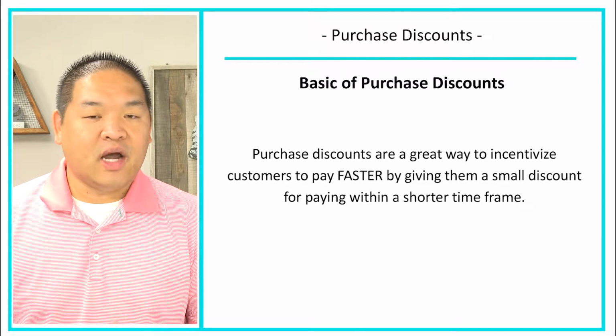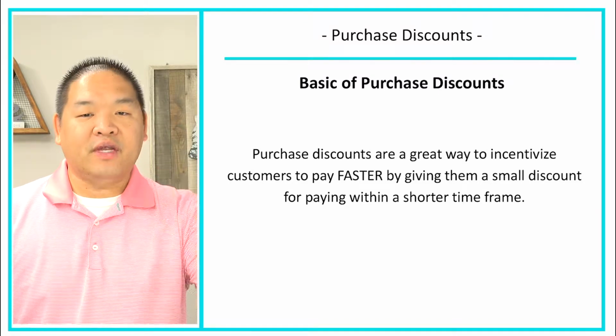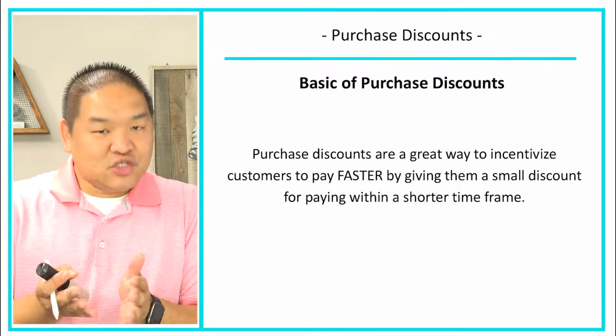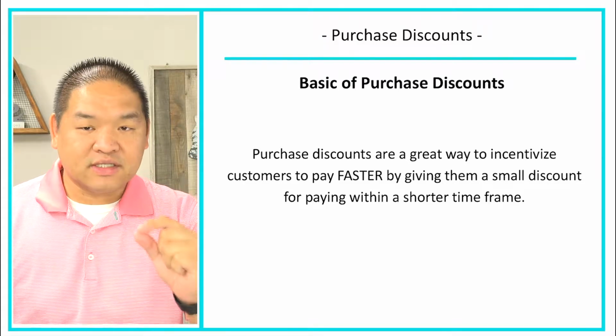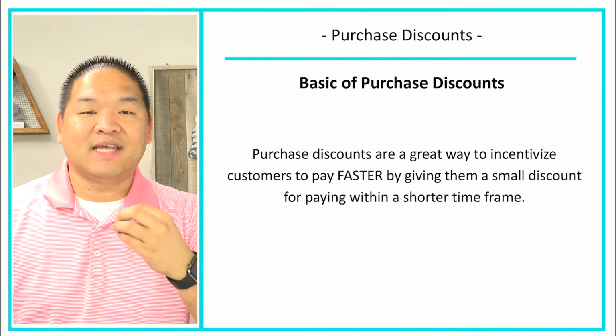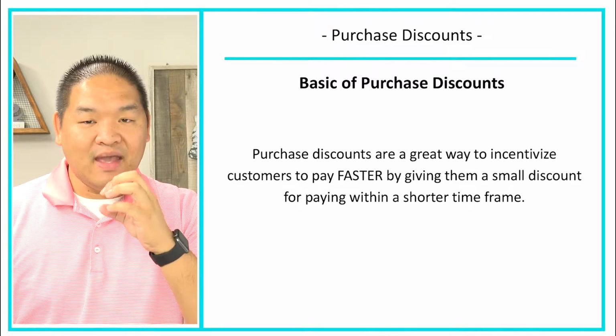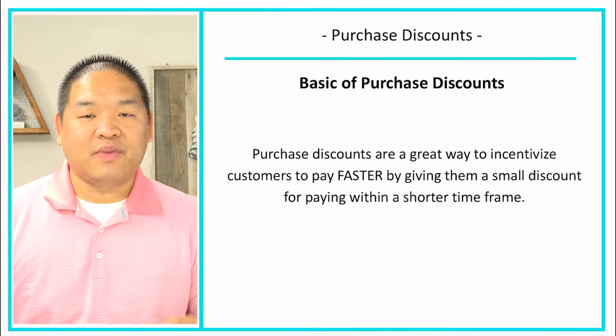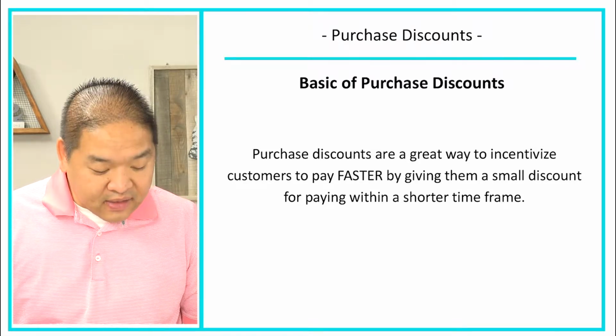So we're going to give 30 days, but if you can pay us a little bit sooner, we're going to give you a little discount so that you can save a little money. And for some companies, that is a reason to pay early rather than later.